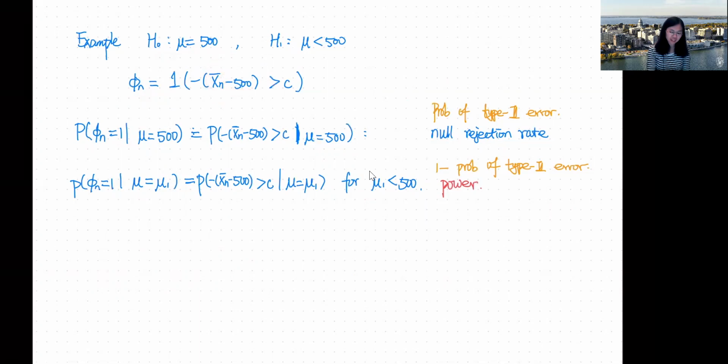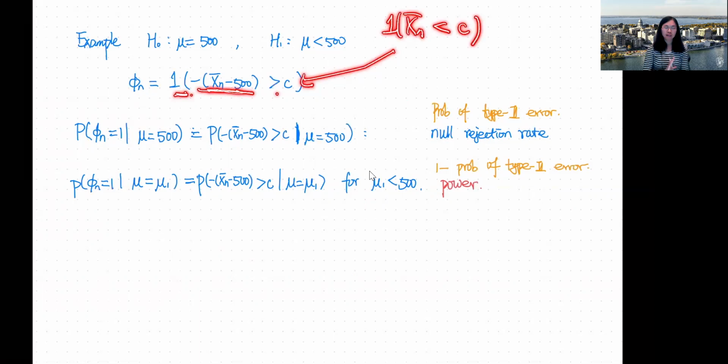On the previous page, I was writing it as 1 if xn bar is less than some threshold. Now equivalently, we can also write it as rejection if the difference between xn bar and 500 is too large in the direction of xn bar being lower than 500.